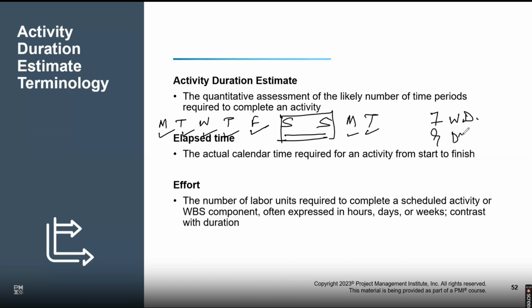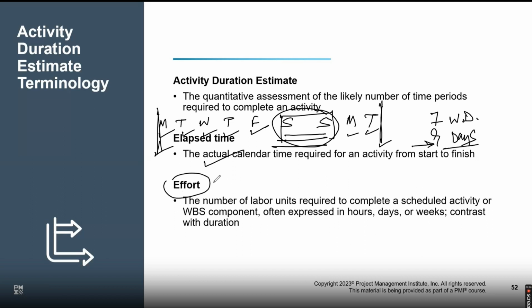Elapsed time is for calendar days, starting from here till here. It includes the weekends, off days, holidays, everything in it. So elapsed time is about everything from beginning till the end, not just the working days. If my 7 days are working days but have a Saturday and Sunday in between, those will also be counted in elapsed time. The actual calendar time is the elapsed time.